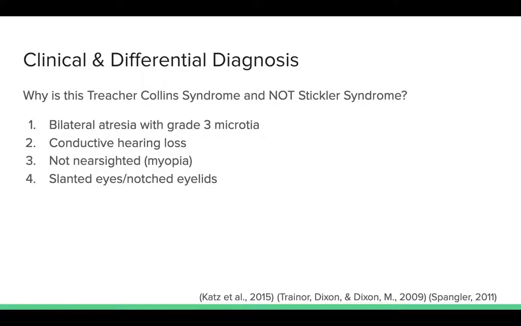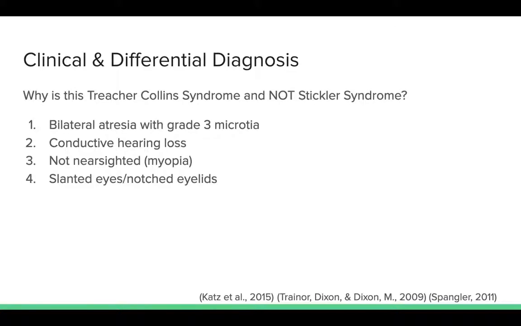It's also symmetrical, and that's a good differential diagnosis term for diagnosing someone with Treacher-Collins syndrome. Also, Stickler syndrome typically does not present with microtia, so this was one of the reasons Stickler was ruled out. Also, Treacher-Collins syndrome has a conductive hearing loss. That's very indicative of it.